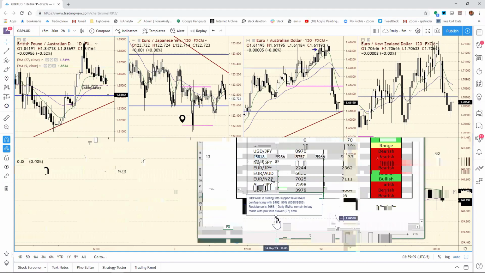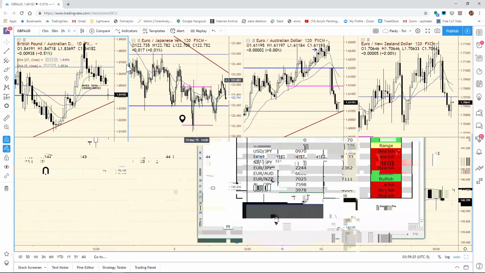Sterling Nod is sliding into support level 84.90, confluence with 84.92. The 50% resistance is 86.56. Daily exponential moving averages remain in the buy mode with the pair into the slower 27 exponential moving average. So what we're talking about is here.